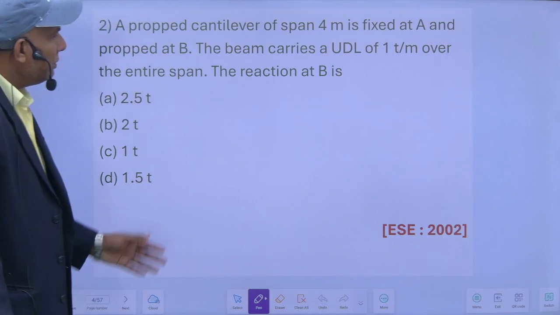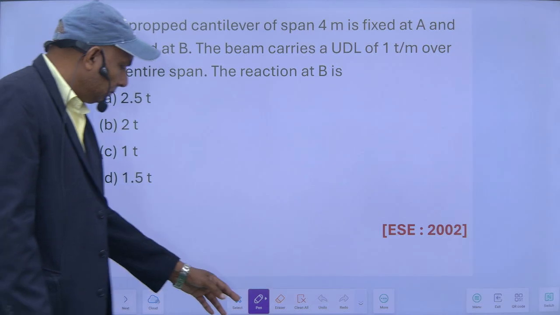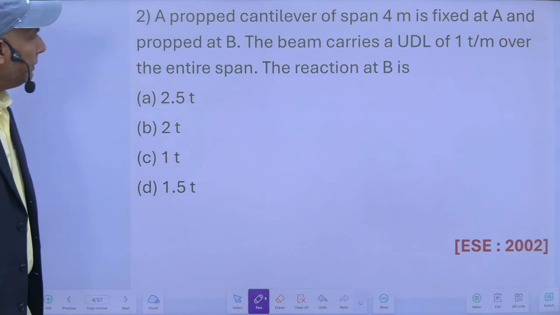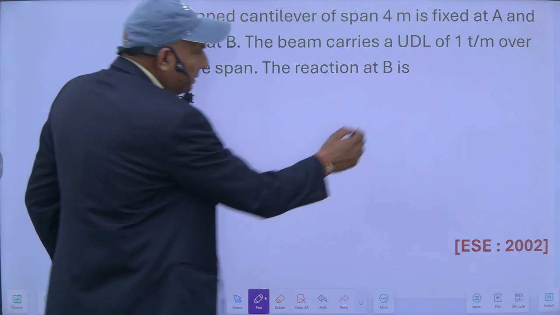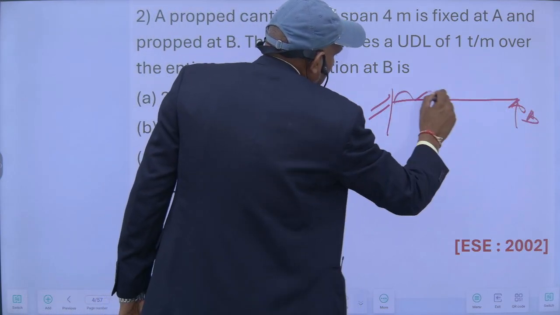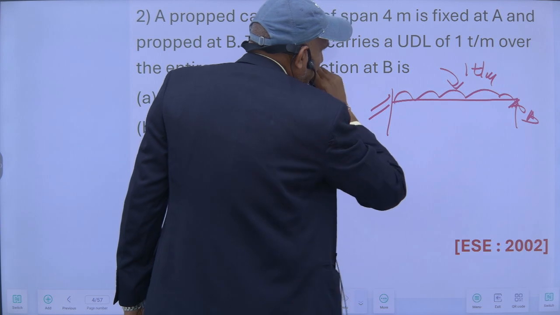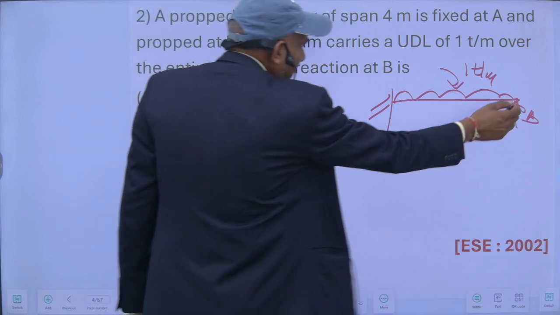A propped cantilever of span 4 meter is fixed at A. The beam carries a UDL of 1 ton per meter over the entire span. The reaction at B will be? This is the case, this is a prop. As we know, the net deflection at this point is 0.